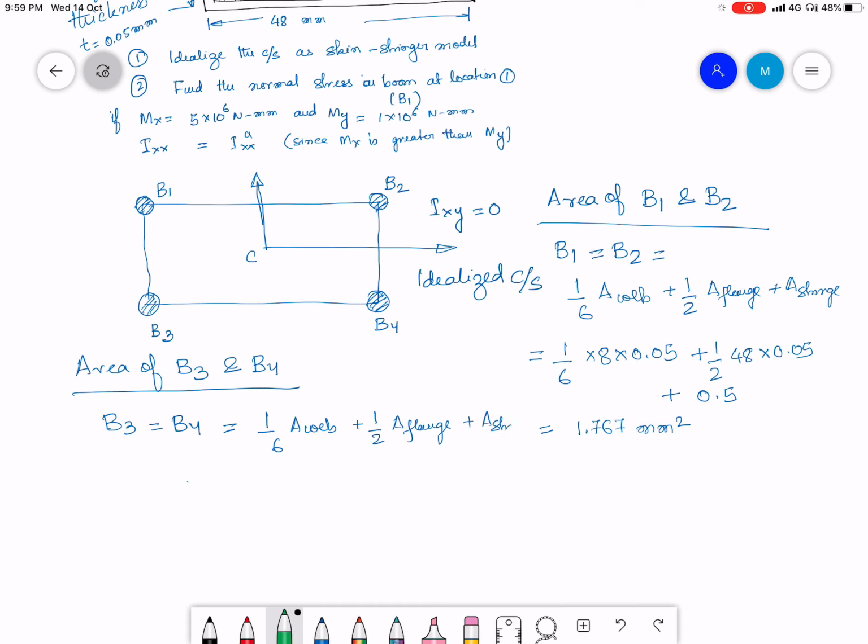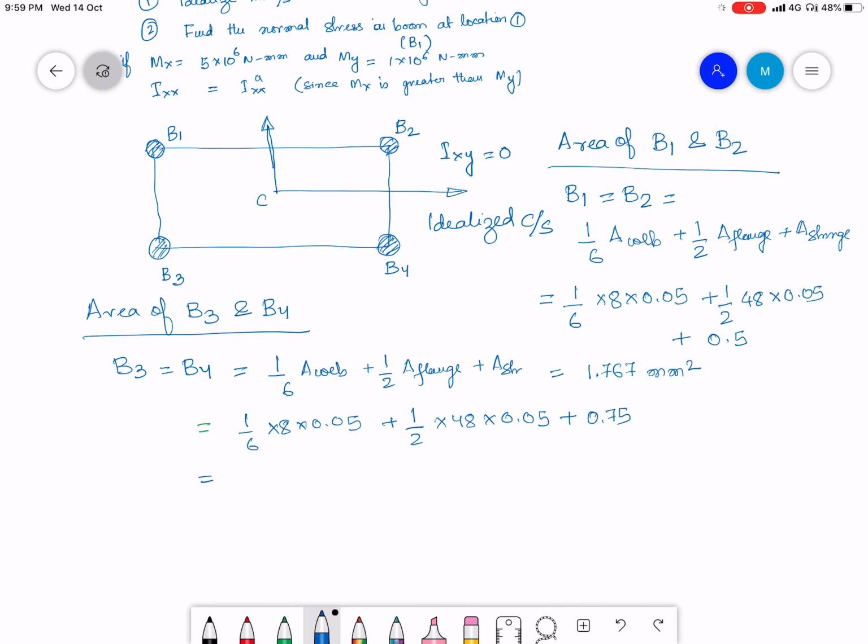The first two terms remain the same: 1/6 into 8 into 0.505, plus half into 48, plus the area of the stringer, which is 0.75. If I calculate this, it is going to be equal to 2.017.